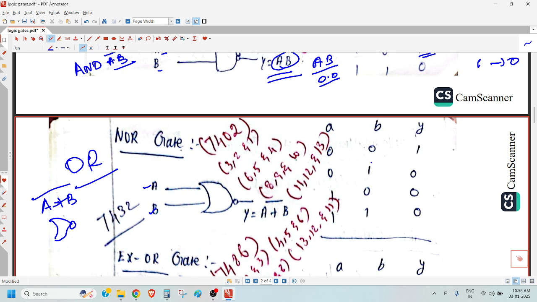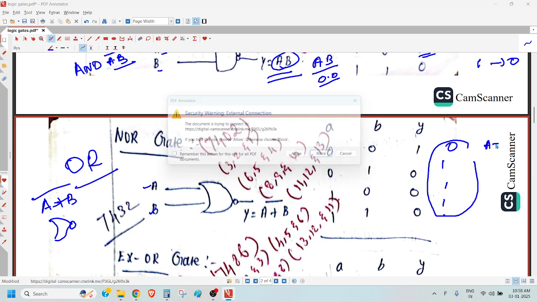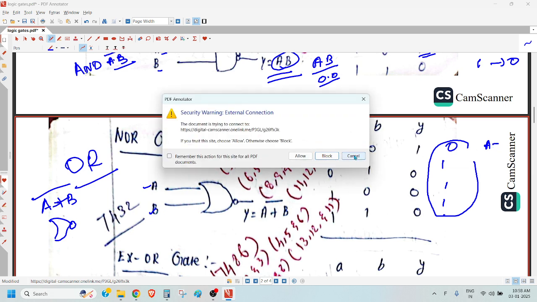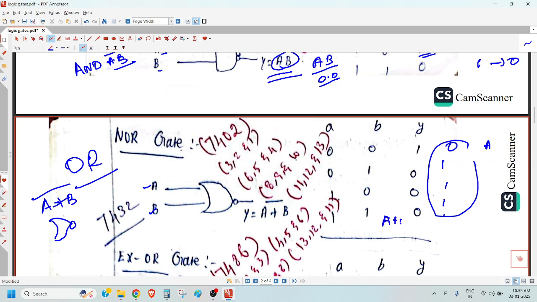Now if you take it here, we have already designed A plus B: 0 will come, then 1, 1, 1. This is for A plus B. Now for (A plus B) bar you have to take the opposite: 0 means 1, 1 means 0, 1 means 0, 1 means 0.